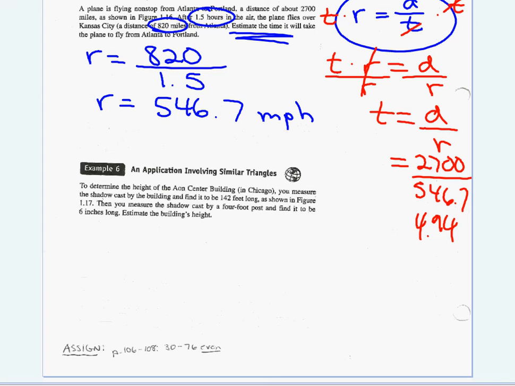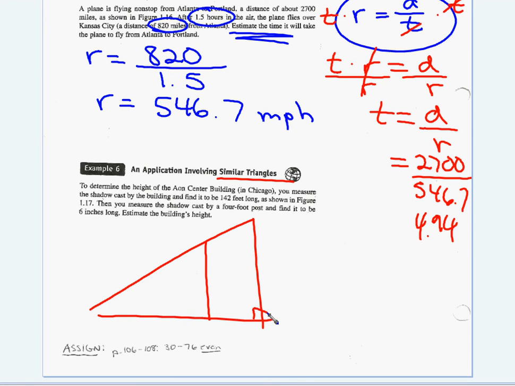Now you'll notice example 6 says similar triangles. Do you remember what similar triangles are? Their corresponding sides are proportional. So if you have two triangles, I just want to give you a little hint on this problem. If you have two triangles within each other like that, they are considered to be similar.